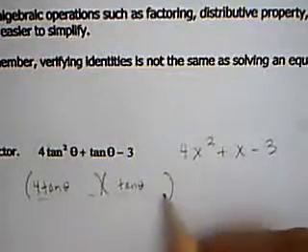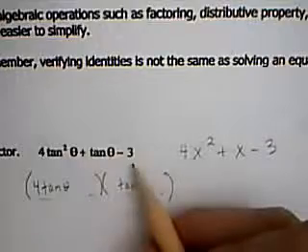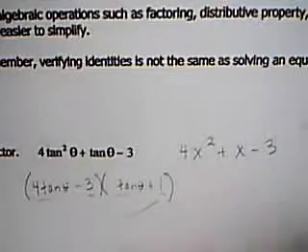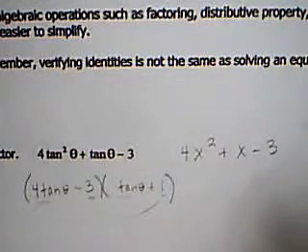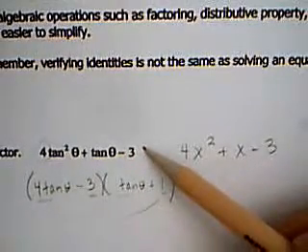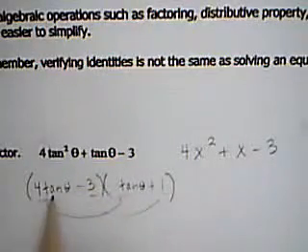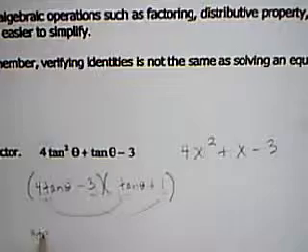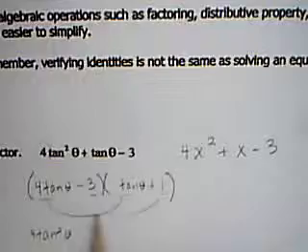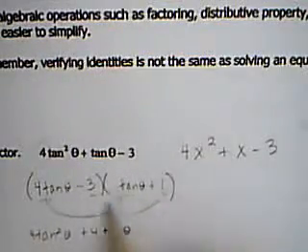And then in our last positions, those 2 have to multiply to be negative 3. So I could have negative 3, positive 1, and then I have to multiply these factors together to decide if this will equal the original polynomial I started with. When I multiply 4 tangent of theta times tangent of theta, that gives me 4 tangent squared. Then my outer would be 4 tangent of theta times 1, so plus 4 tangent of theta.